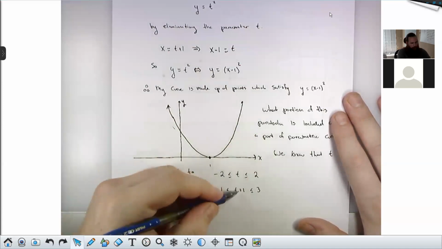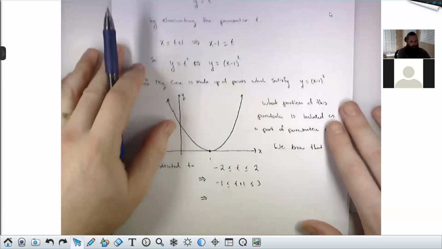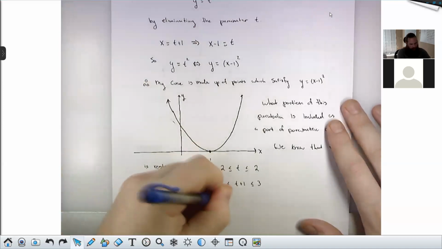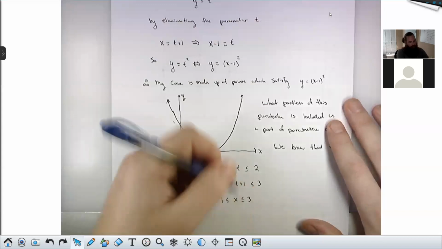And then t plus 1, oh, that's x. So this means -1 is less than or equal to x is less than or equal to 3.